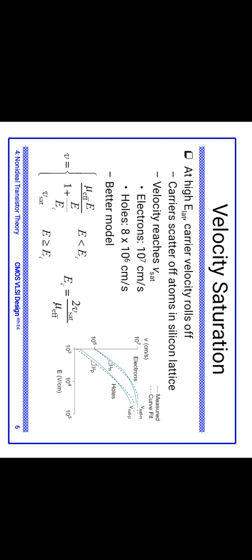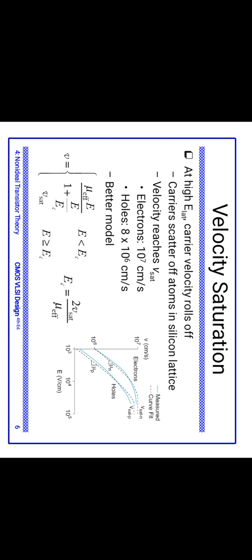A plot of carrier velocity versus electric field is shown in the figure. If the transistor is completely velocity saturated, v equal to Vsat, then the saturation current expression is modified to IDS equal to Cox into W, (VGS minus VT) into Vsat.